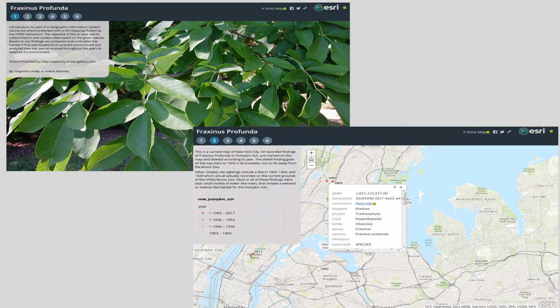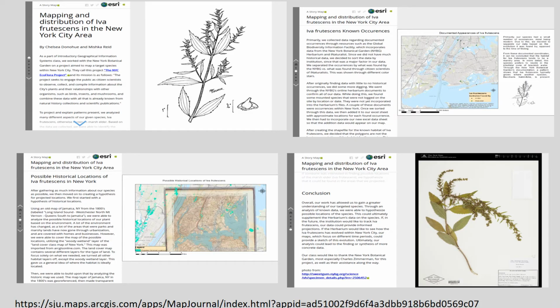They got their data, and they needed to look at it and see, where did the citizen scientists collect it and find those species today? And then what were those same areas like in historical times? Compare the two and see if it could tell them something about the environment that those species happen to like.